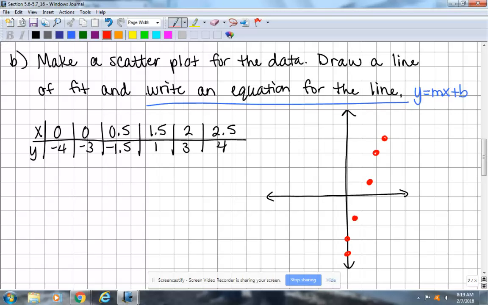So if you have fractions or decimals with your ordered pairs, just kind of estimate where they are.